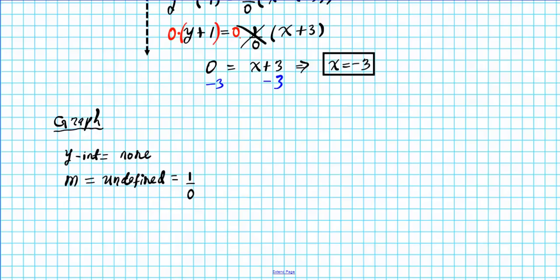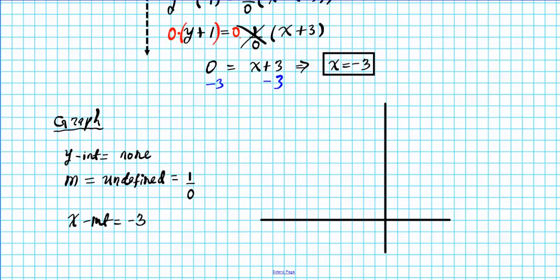All right, so let's go ahead and graph this. Since we have just x, we can use that as our x-intercept since the y-intercept isn't helping here. So we know for a certainty that our x-intercept is going to be -3. That means I have to shift my y-axis to the right. All right, so let's go ahead and graph it.